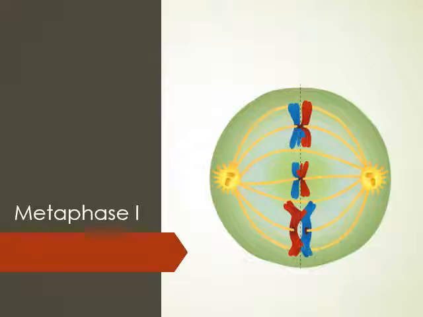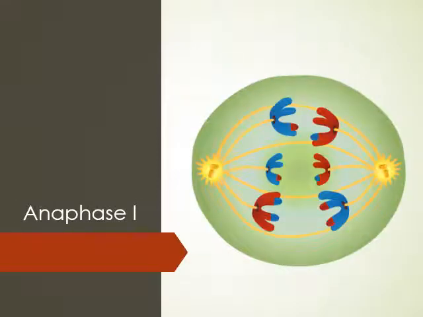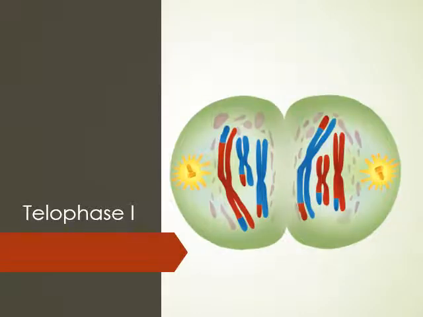The microtubules have attached to the tetrads and pulled them to the center of the cell. Anaphase, the tetrads are pulled apart, moved to either end of the cell. And telophase, the nuclear envelope reforms, and you get two distinct daughter nuclei.